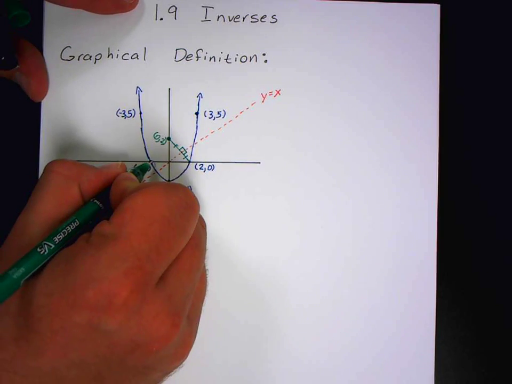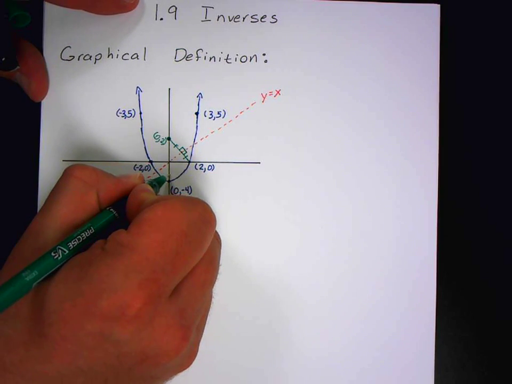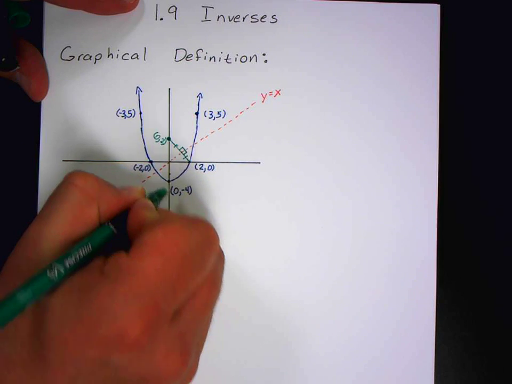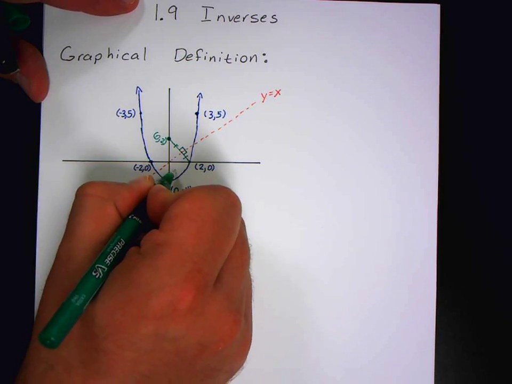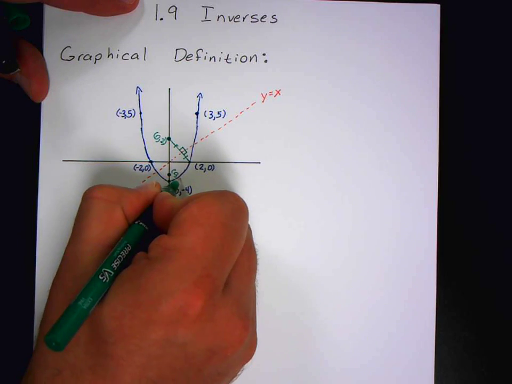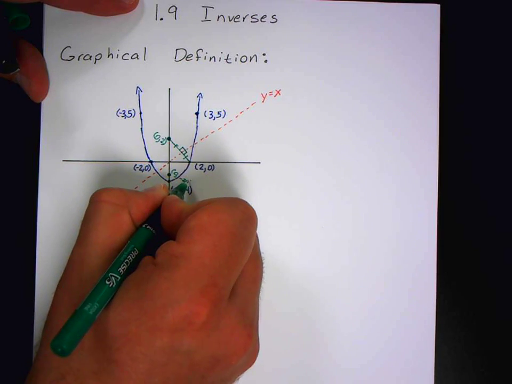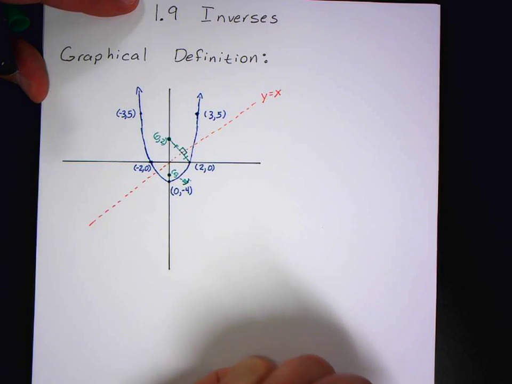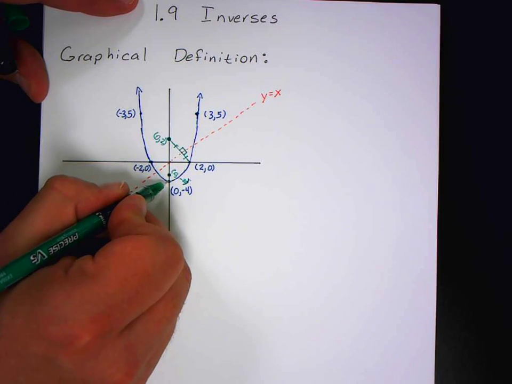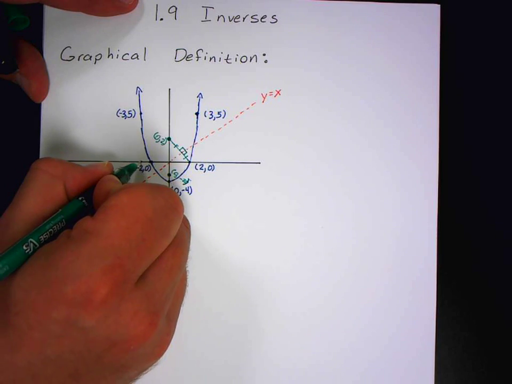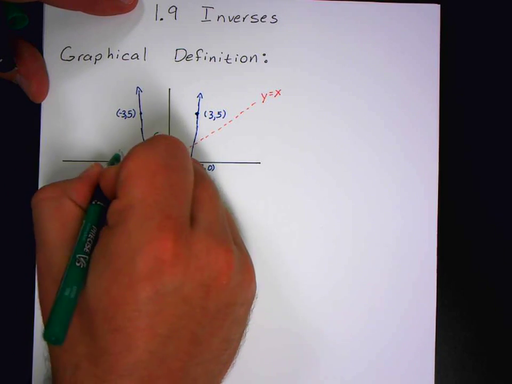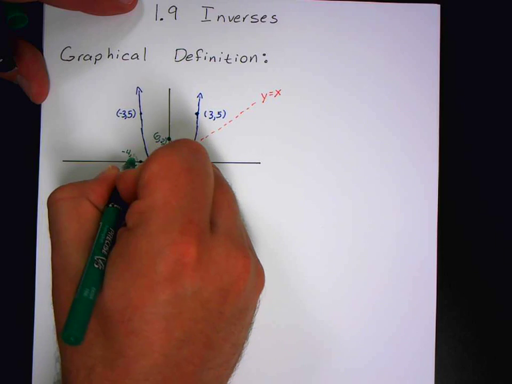So if I did that with this point here, it would go to 0, negative 2. This point, wherever it goes across, would go to negative 4, 0.